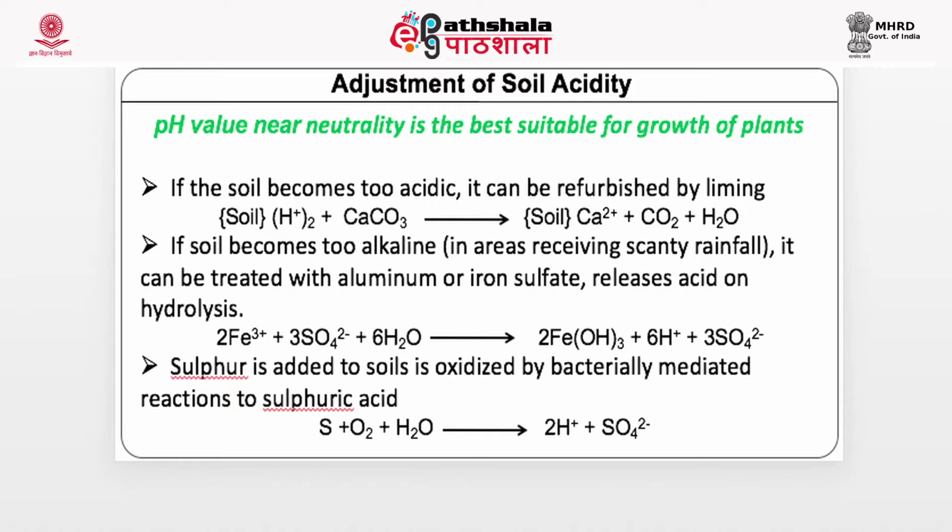If the soil becomes too alkaline, especially in areas receiving scanty rainfall, it can be treated with aluminium or iron sulfate, which releases acid on hydrolysis and will change it into acidic soil. Sulfur added to soils is also oxidized, bacterially mediated by certain reactions, to sulfuric acid, which will also lead basic soil to move towards acidity.